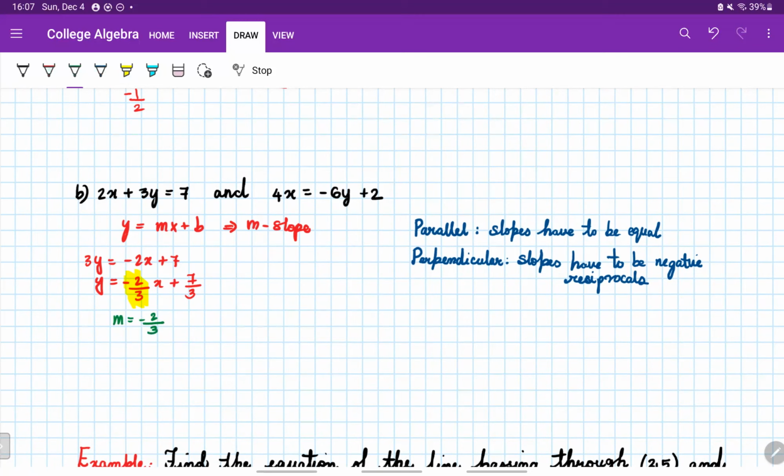Now let us find the slope-intercept form of the other equation here. This would be 6y equals negative 4x plus 2. y is negative 4 by 6 x plus 2 by 6. y equals negative 2 by 3 x plus 2 by 6, or I could say 1 by 3.